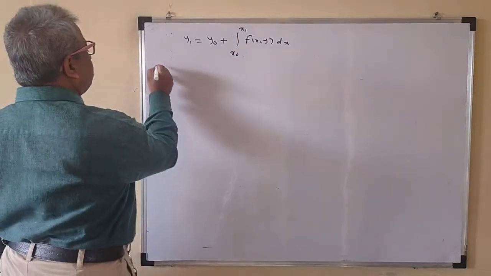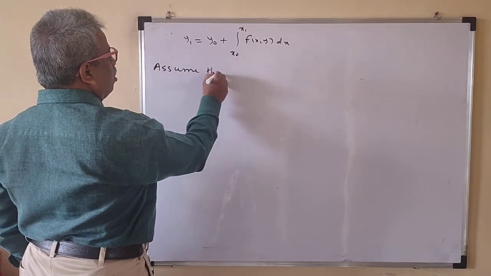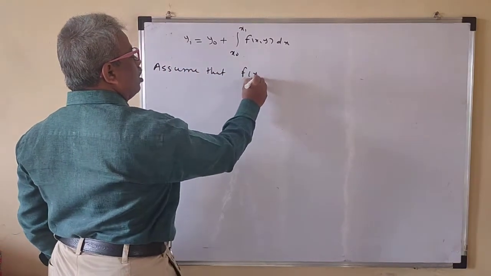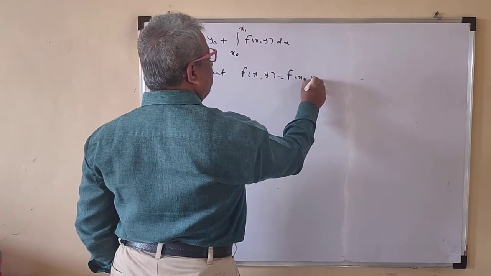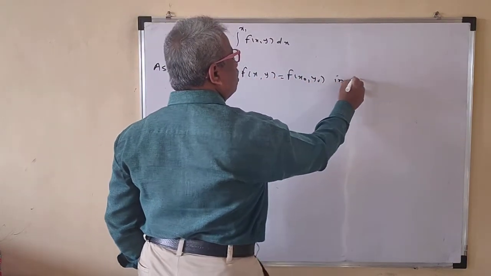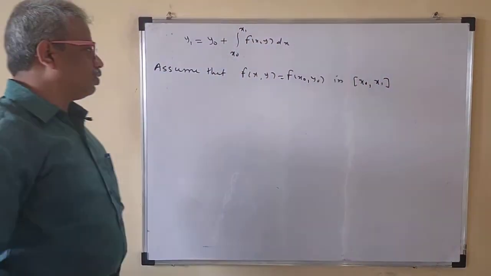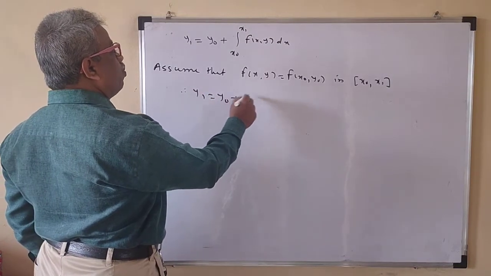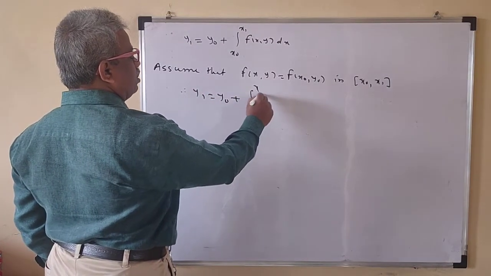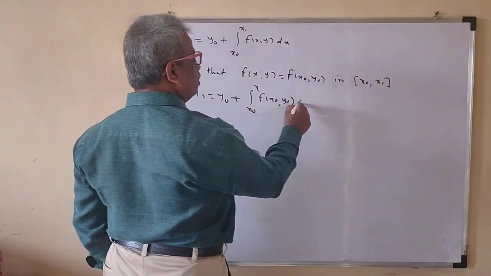Assume that f(x, y) = f(x0, y0) in the closed interval [x0, x1]. Therefore y1 = y0 + the integral from x0 to x1 of f(x0, y0) dx.